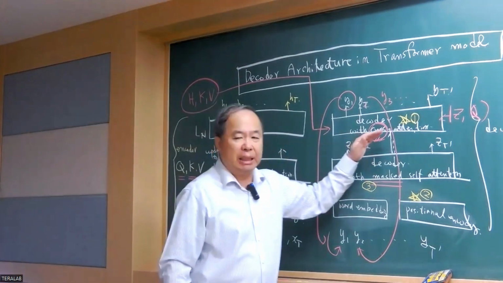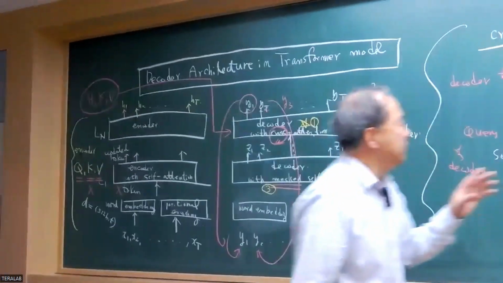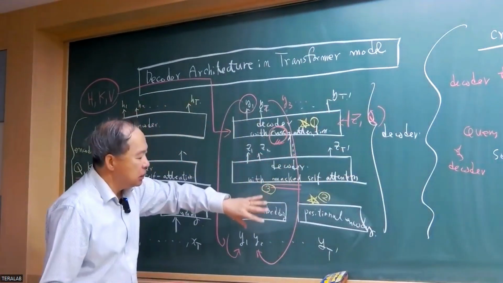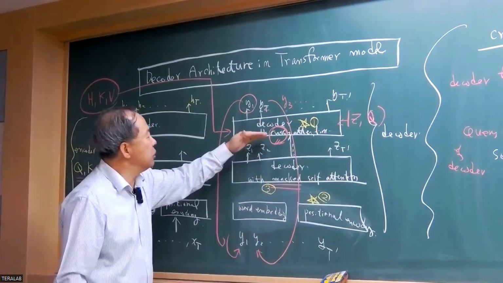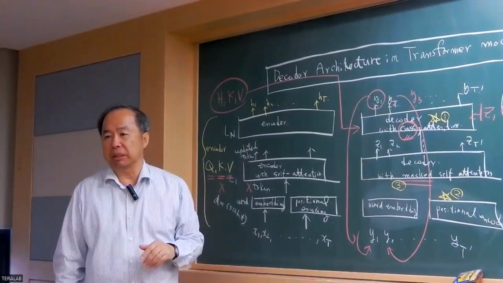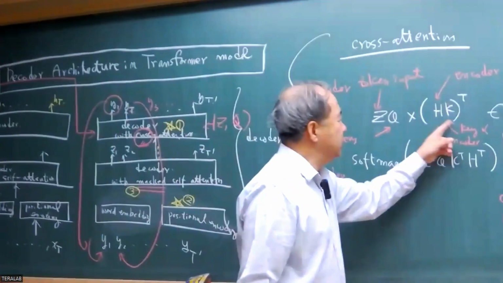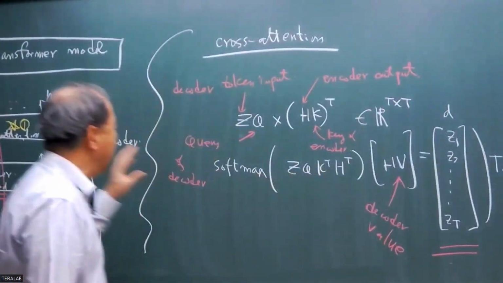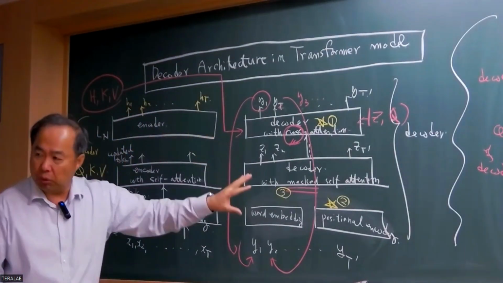But in cross-attention, Q, K, V mean how much relationship there is between the output sequence of the decoder and the encoder sequence. So these Q, K, and V matrices actually make a connection between encoder and decoder.